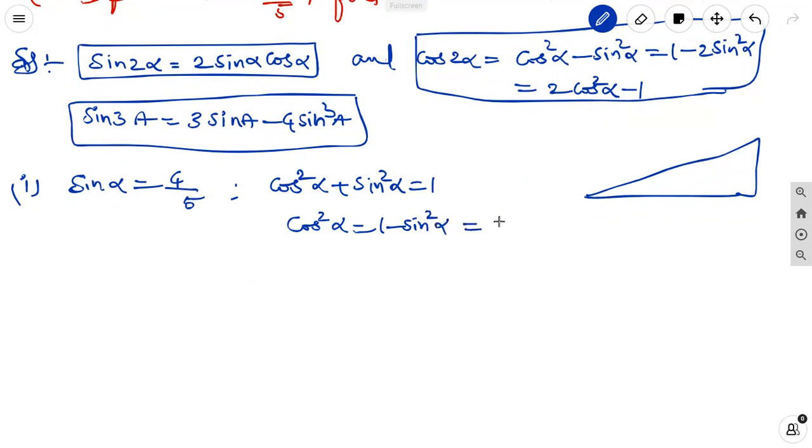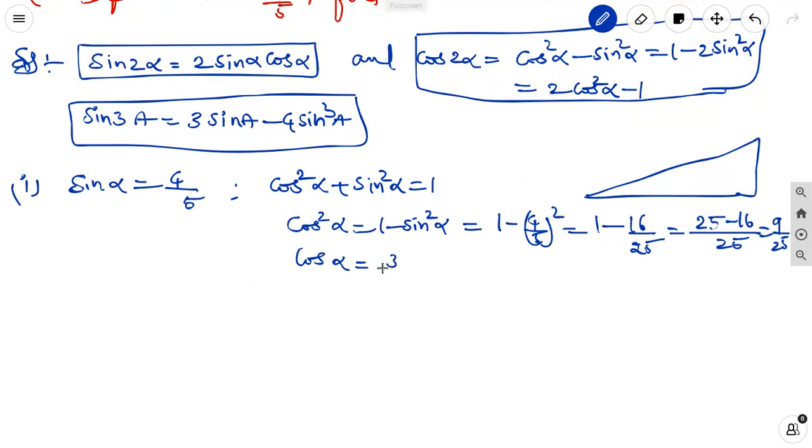It is equal to 1 minus 4 by 5 whole square equal to 1 minus 16 by 25, taking the LCM 25, 25 minus 16 equal to 9 by 25. So cos alpha is equal to 3 by 5. Either we use the identity or Pythagoras theorem, whatever we use, we can find out the other ratio.